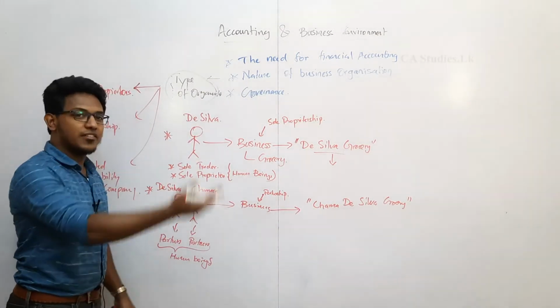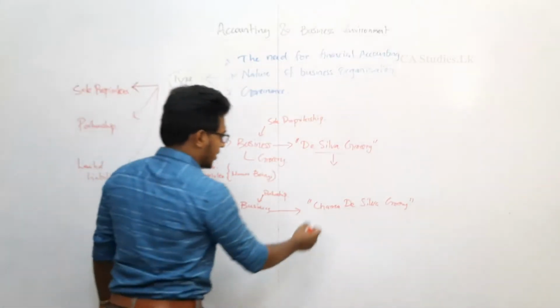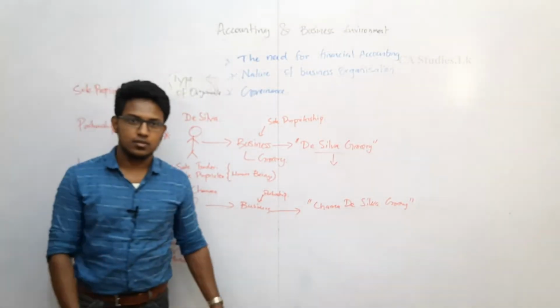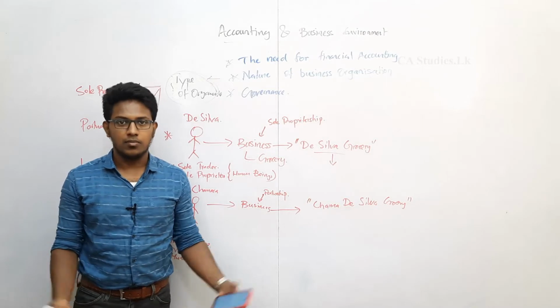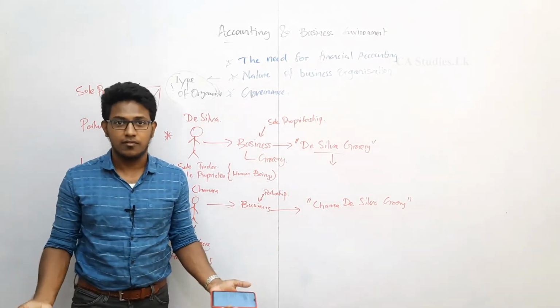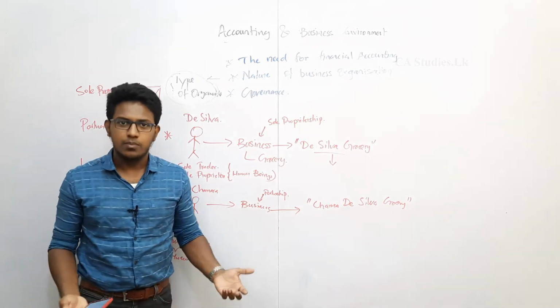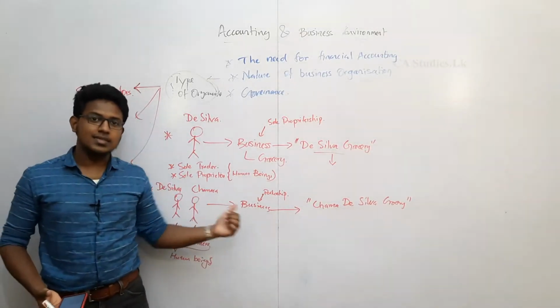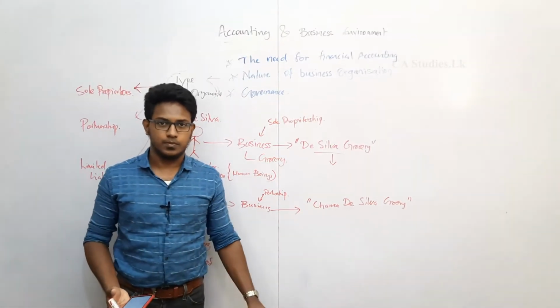If a different name is used, for example Fast and Cool grocery, or 5-star grocery, or 4-star grocery, or Lucky Star grocery, any name can be chosen. If that name is different to the partners' names, that should be registered.